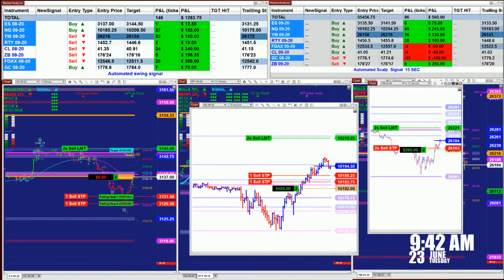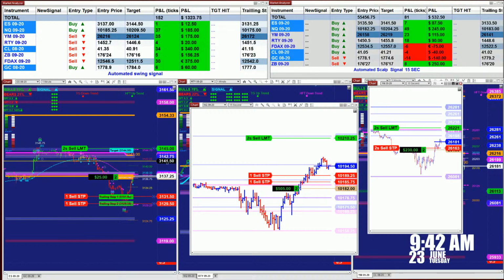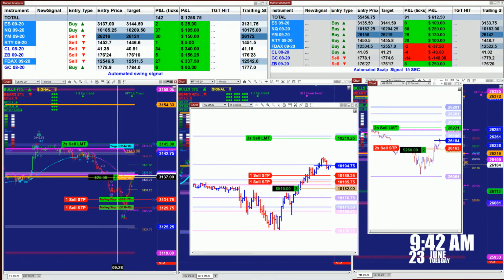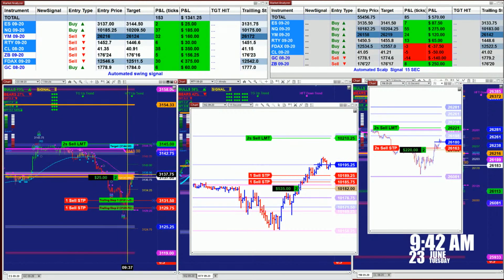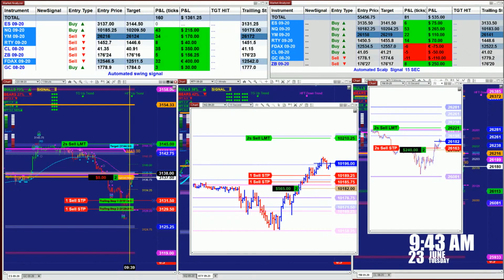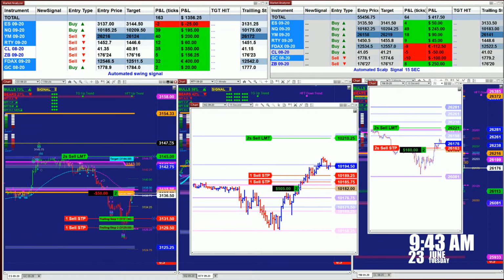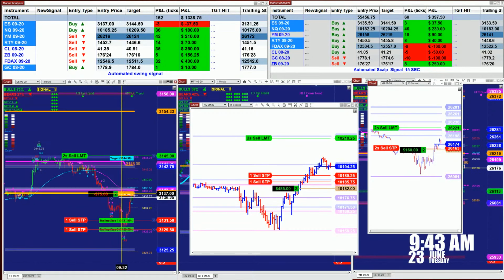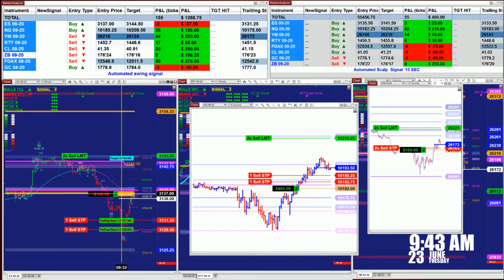And as we see, the signal on the ES with the 1 minute is having a problem. The signal came right in line, and above that there is a resistance line. It is struggling because the signal is right below the resistance line, and you can immediately spot there is a problem.